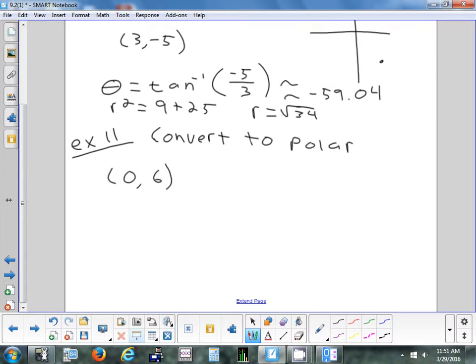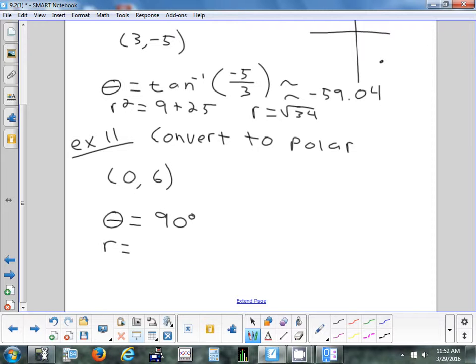Okay, let's do this one, but we'll do it together. Because it's on an axis, the angle should be something we memorize. So what's the angle for that one? It'd be 90 degrees. The 6 is going up on the line. Okay, that's up 6. So 90 degrees. And you can do r squared equals x squared plus y squared, but what's my radius?